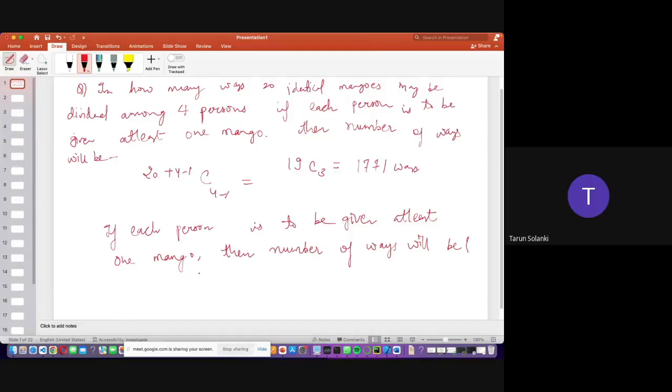So here you need to write 20 minus 1 C 4 minus 1, that is 19 C3, so this is 969.